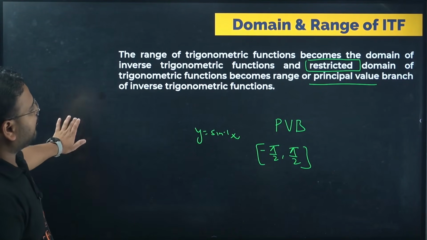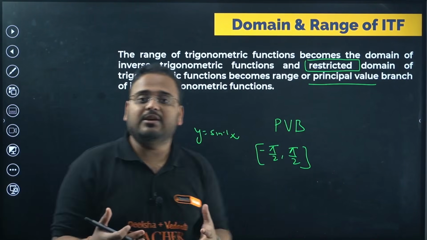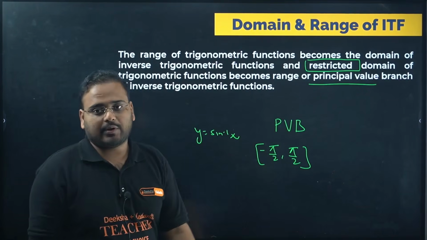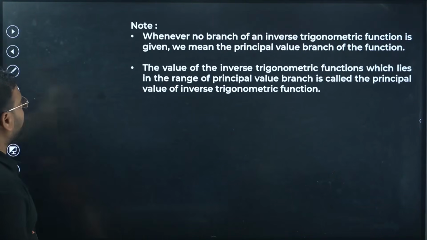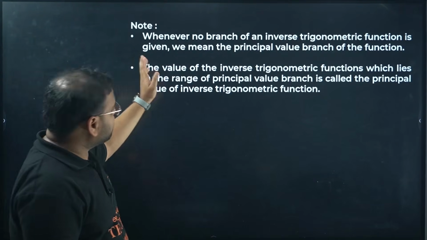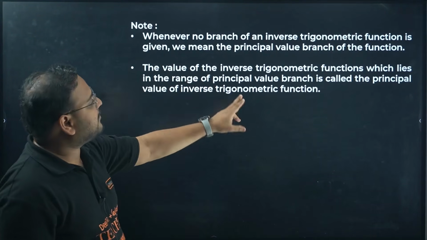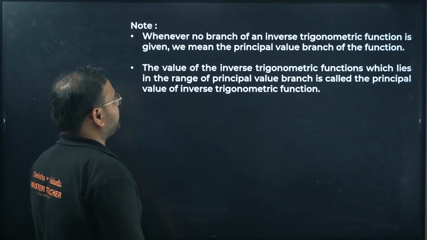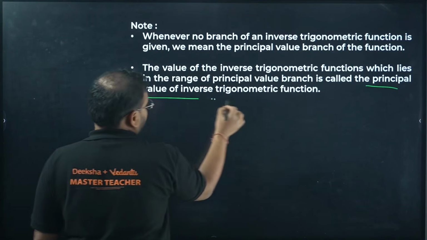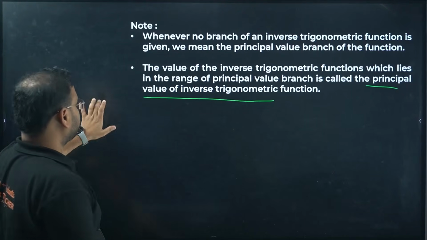Usually when the question is not mentioning anything, we write the answer in terms of this PVB only, principal value branch only. Okay, moving on. Whenever no branch of an inverse trigonometric function is given, we mean the principal value branch of the function. The value of the inverse trigonometric function which lies in the range of the principal value branch is called the principal value of the ITF. Okay, means the corresponding value of minus 1 to 1.